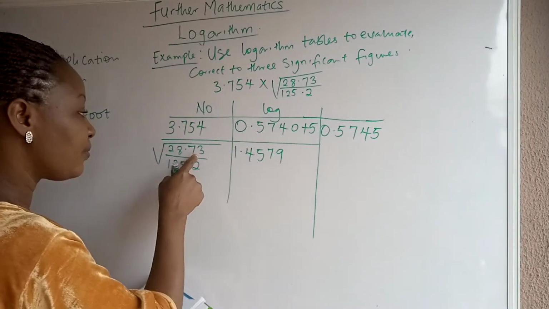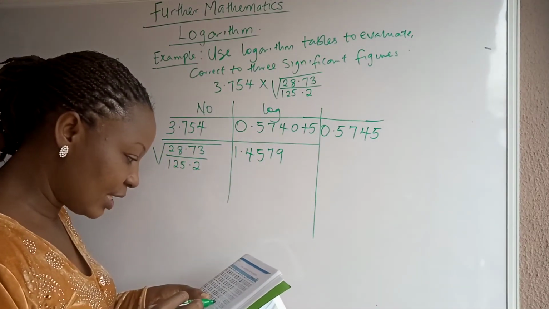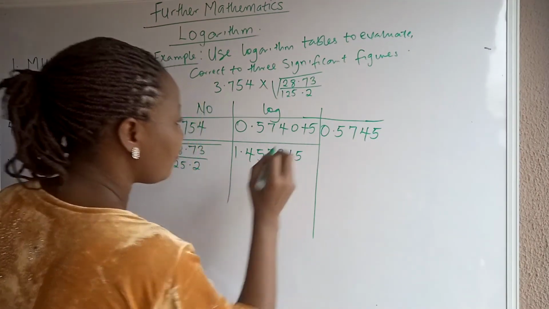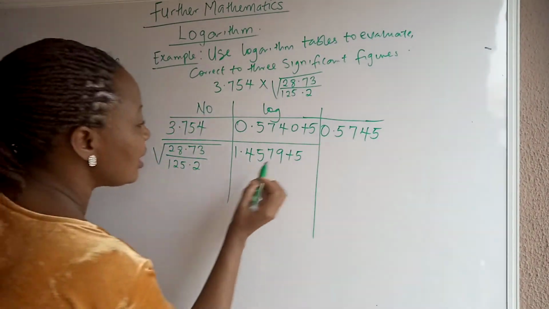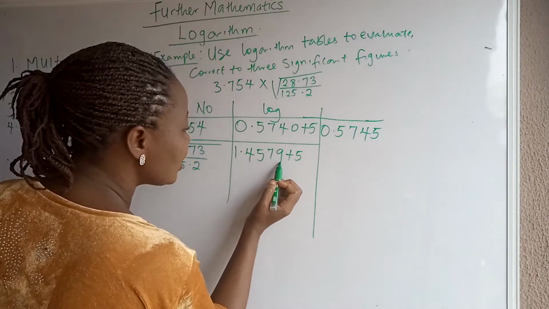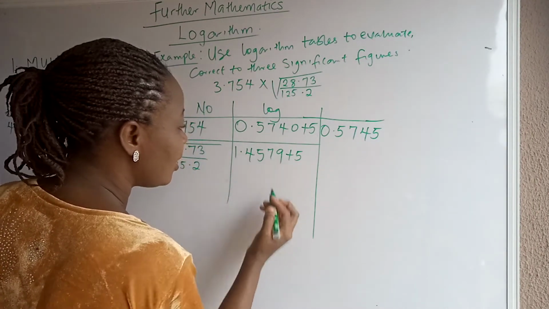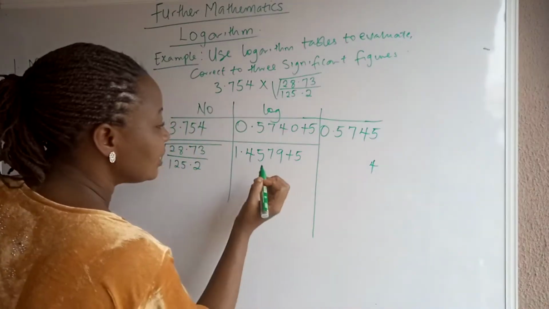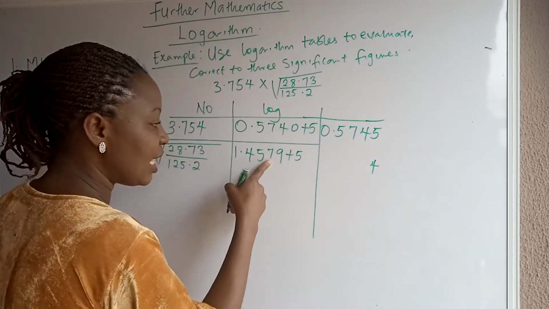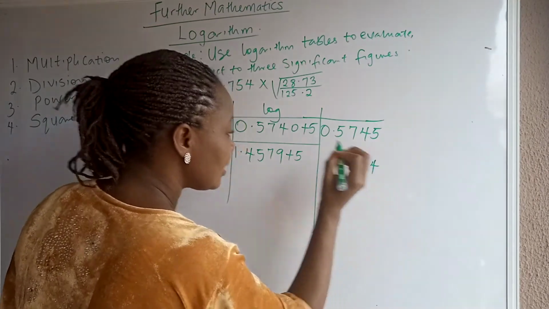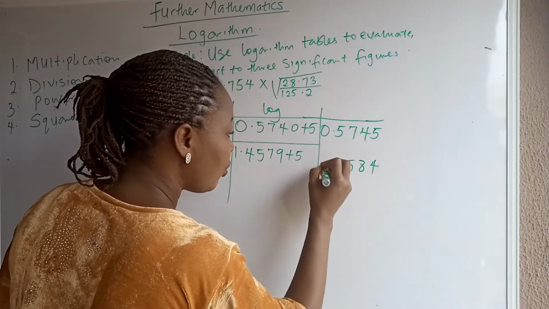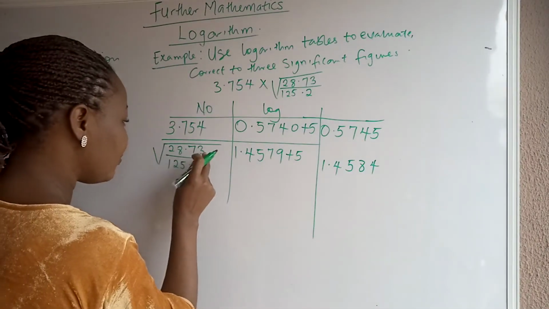Difference 3. Difference 3 is 5. That's plus 5. Then 5 plus 9, that's 14. So it's going to be 4, remainder 1. Then the 1 will be added to 7 to give us 8, 5, 4, then 0.1. That's for the first one.